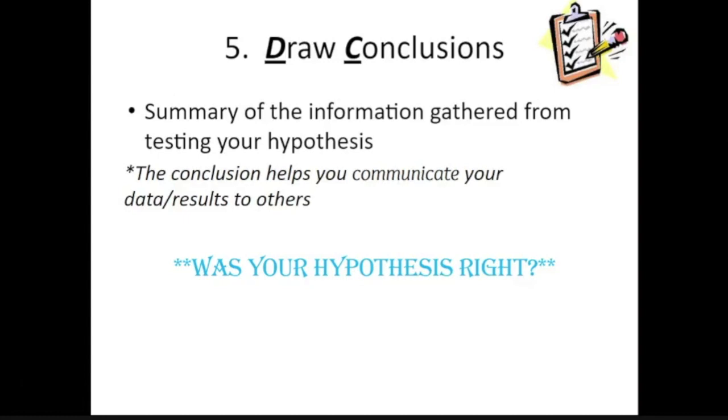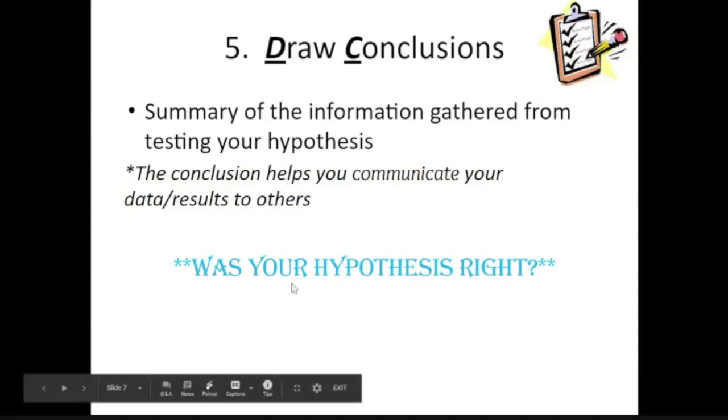So in your density lab, you had a hypothesis that said if an object has a density of greater than 1, it will sink or float. You had to choose sink or float, right? So whenever you make your summary up, you would say, my hypothesis was right, or my hypothesis was wrong.